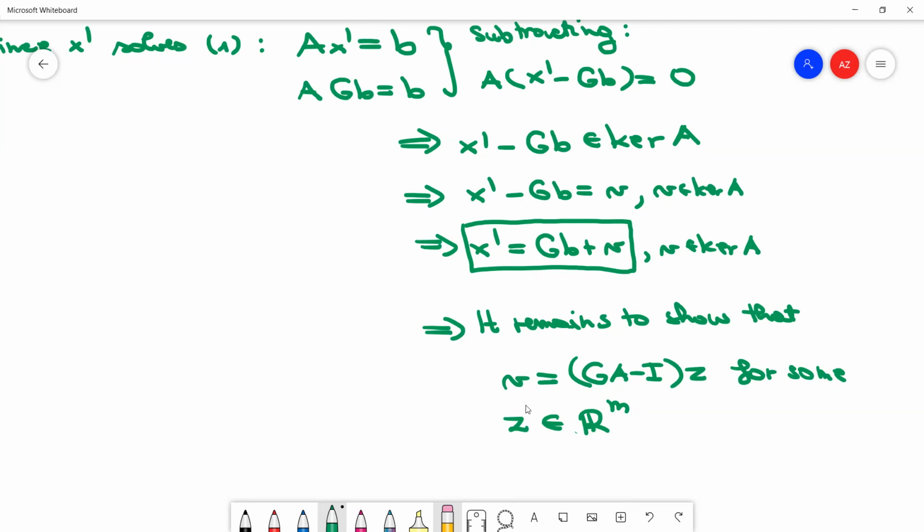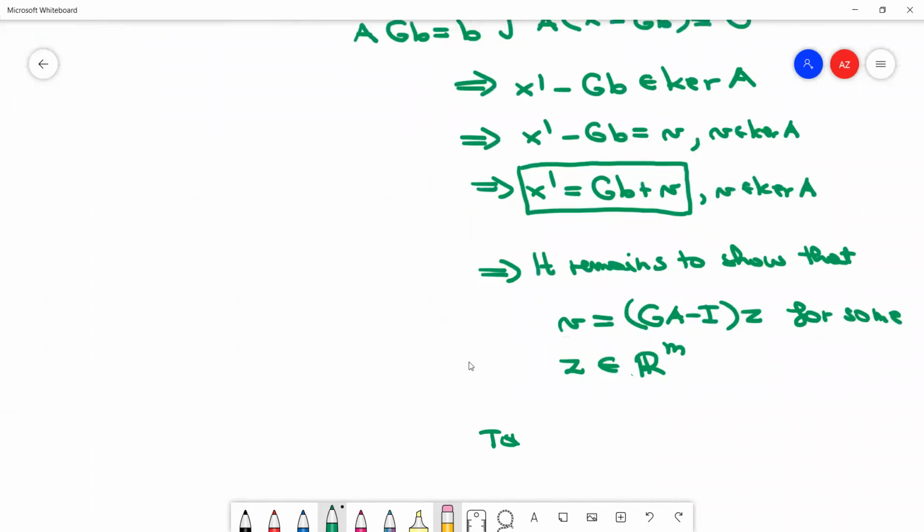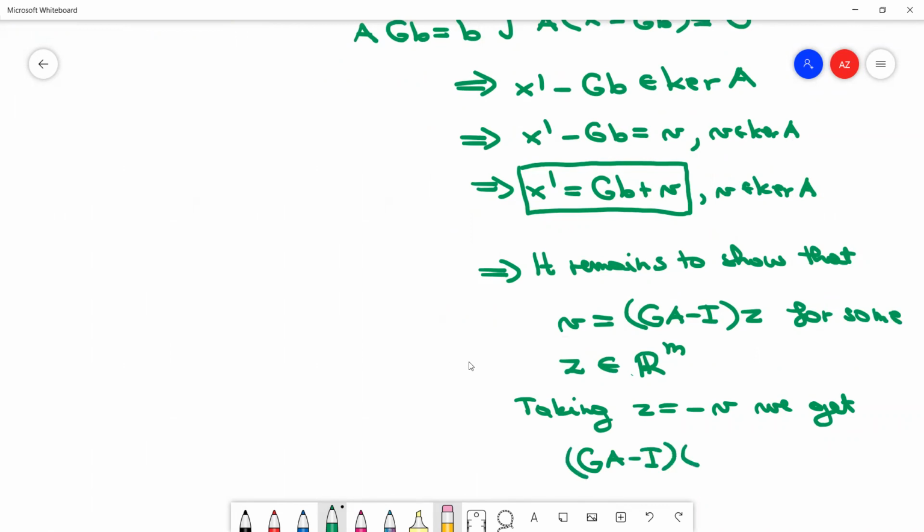We only need to change the sign, and taking Z equal to minus V, we get GA minus identity on minus V. This is equal to minus GAV, and then minus identity on minus V is V. And this GAV, since V is from the kernel, is equal to 0.